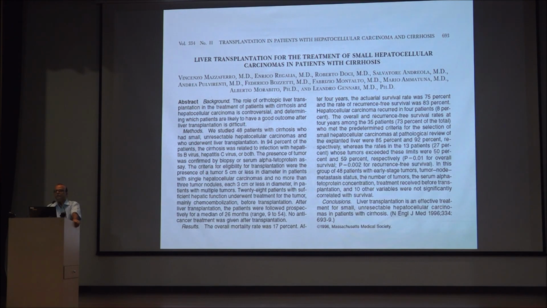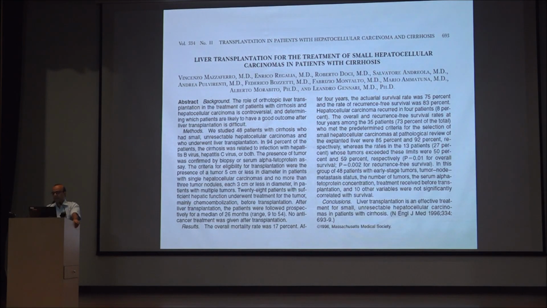And to date, almost 30 years after this publication, the Milan criteria has remained the gold standard, not only for selection but to compare other criteria which were subsequently developed. It is important that most downstaging protocols aim to downstage to the Milan criteria.